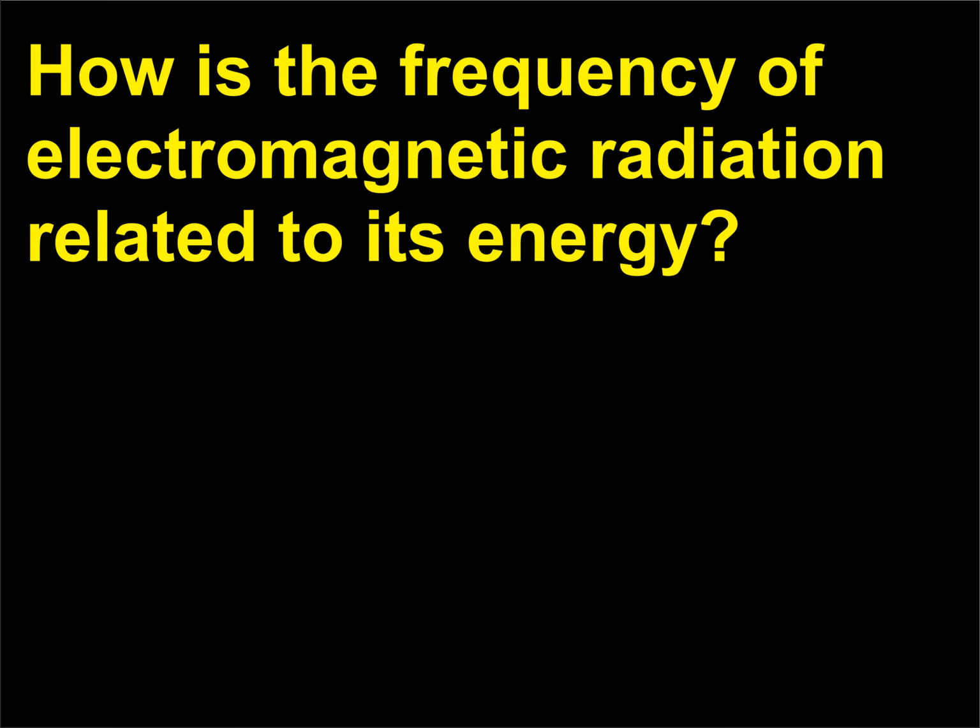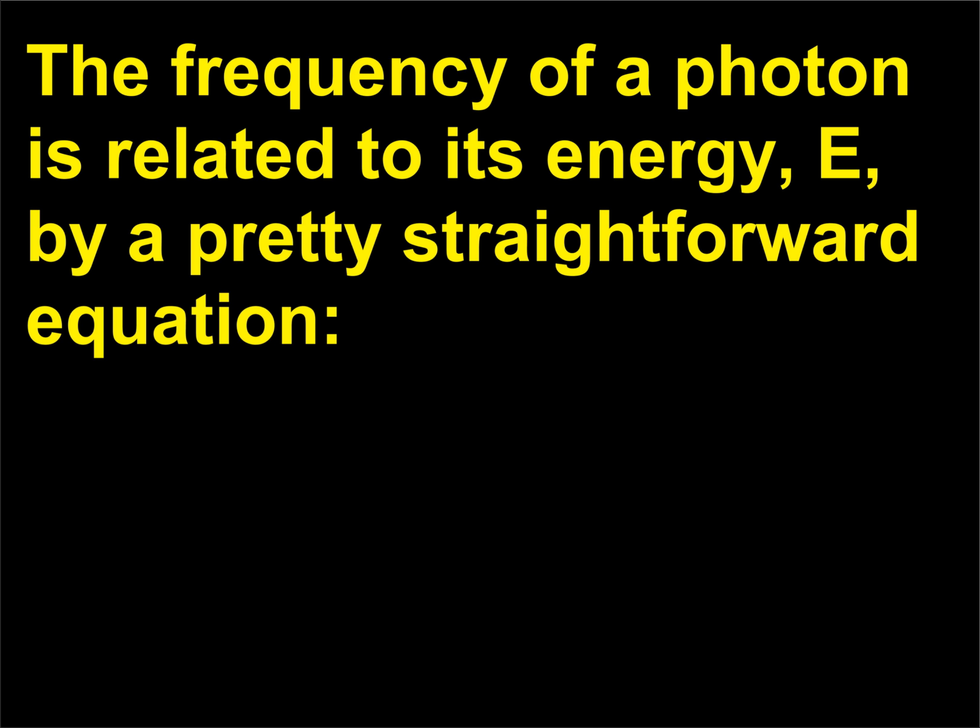How is the frequency of electromagnetic radiation related to its energy? The frequency of a photon is related to its energy, E, by a pretty straightforward equation. E equals hν.